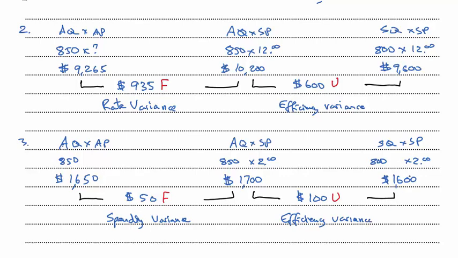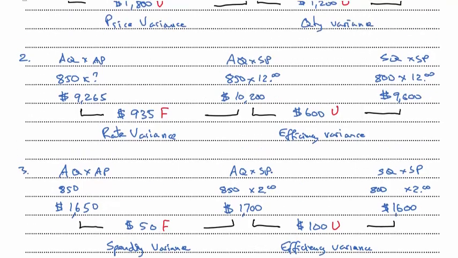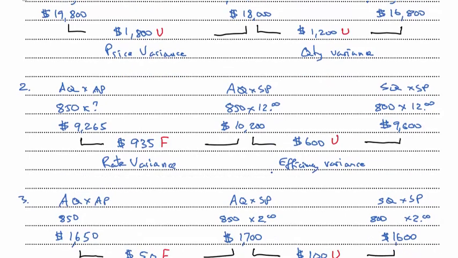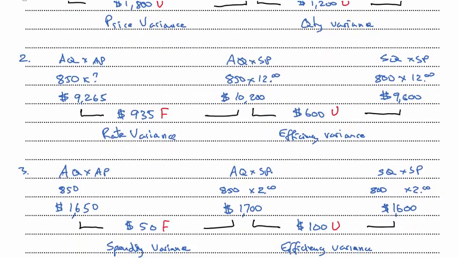All right. So in broad brushstrokes, that completes the exercise. We've now calculated all 6 of the variances that we're going to be interested in for the purposes of this course. Again, the methodology is the same.